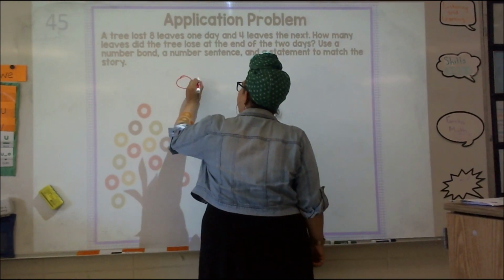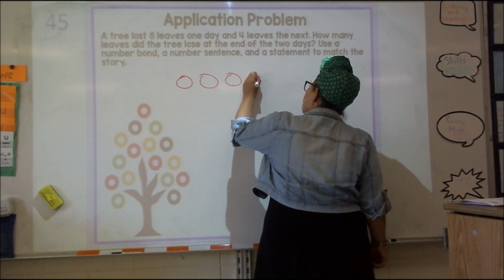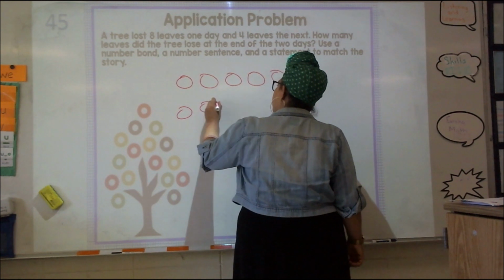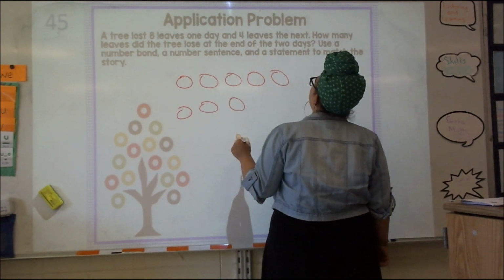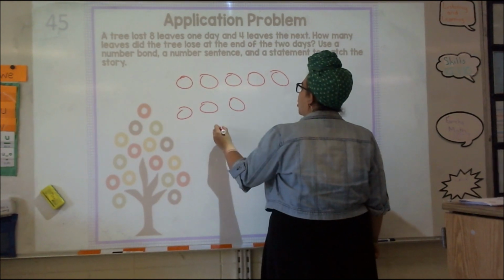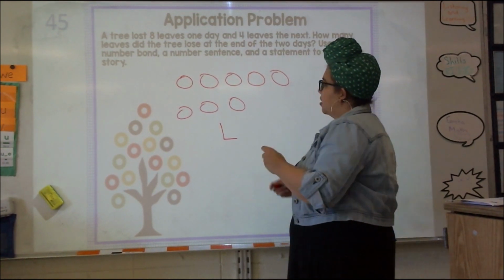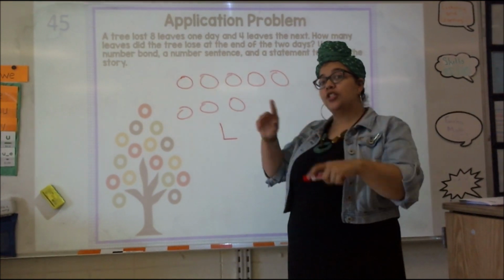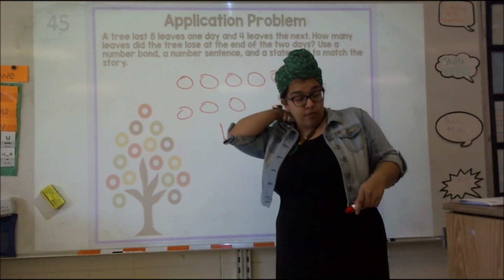So 1, 2, 3, 4, 5, 6, 7, 8 leaves. We're going to call them leaves, using the letter L, because saying day 1 would either mean writing an O, which looks like my circles, or the number 1.